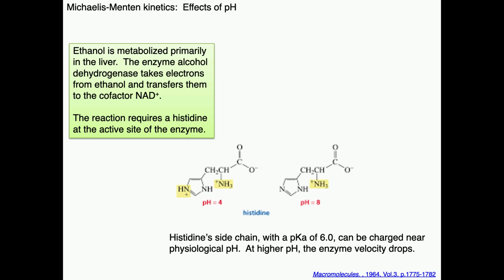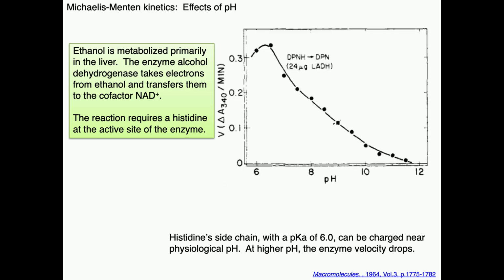So if we were to look at enzyme velocity at different pHs, and this is looking at the alcohol dehydrogenase enzyme with another alcohol-containing substrate that can be converted into an aldehyde by the liver alcohol dehydrogenase.